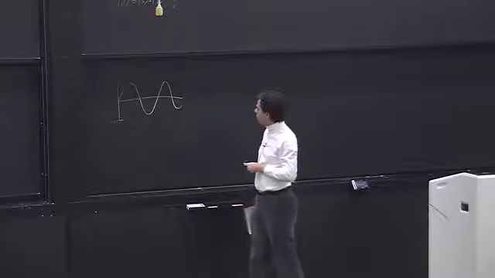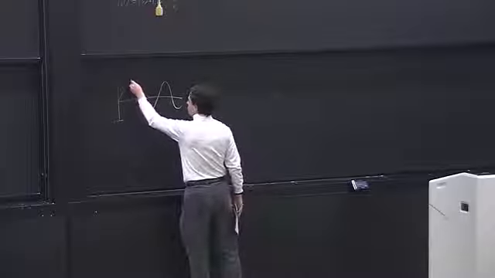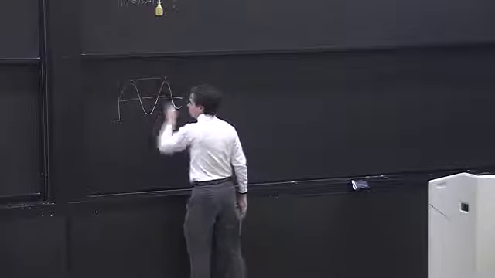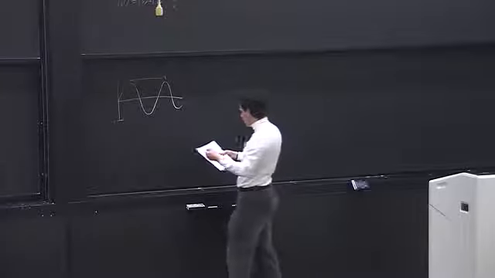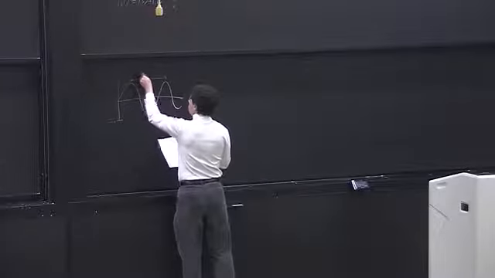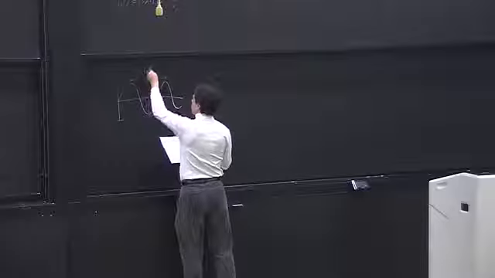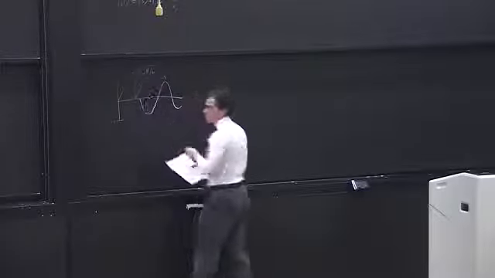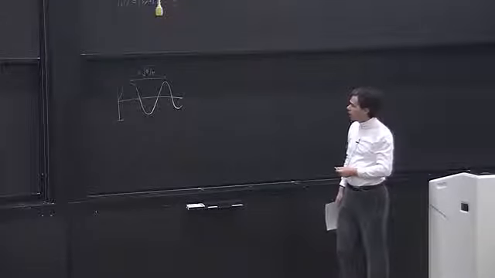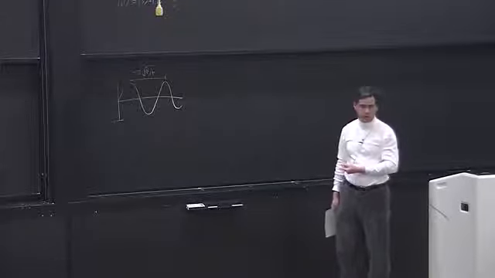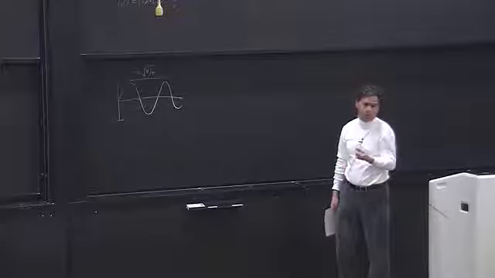What is the period of this function? The period is pi times the square root of n over t, roughly, with those small corrections. And so if we can find the period of this function, we know roughly what t is.